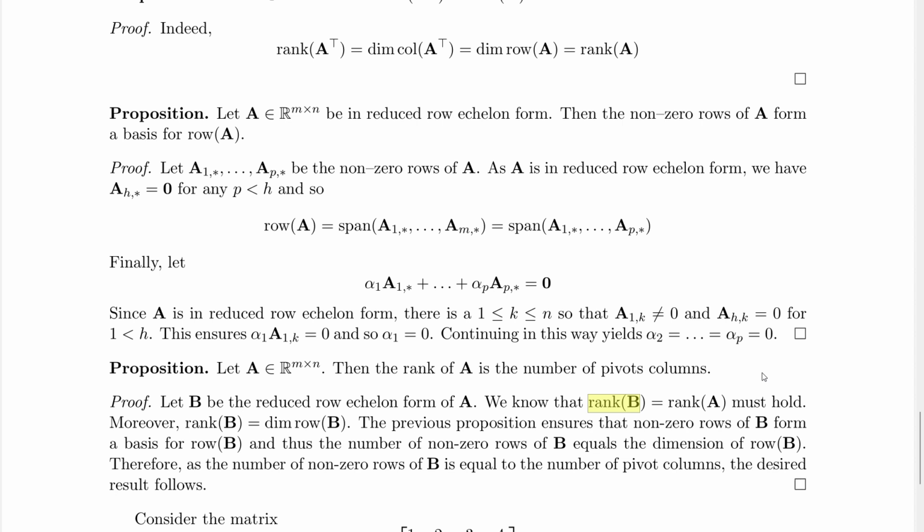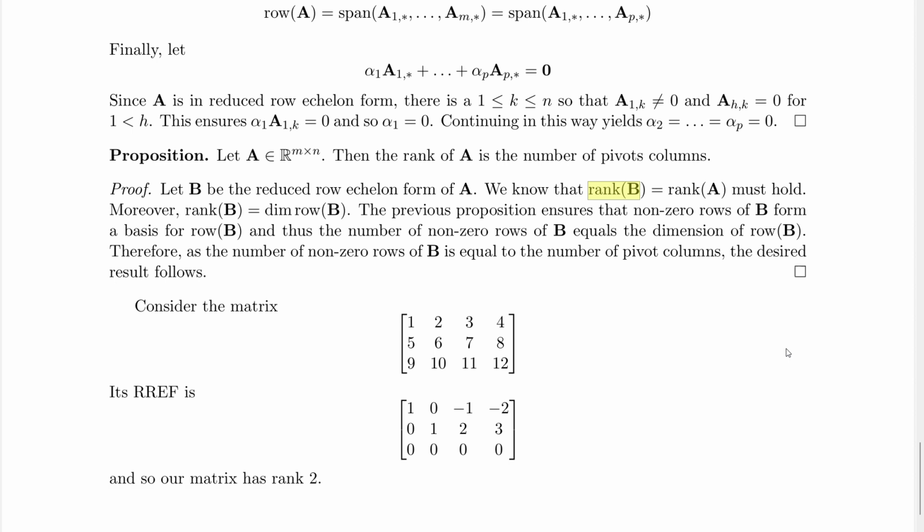Which means it's the rank of B, which is the rank of our original matrix. But as we know, the non-zero rows correspond precisely to the pivot columns. And there you go. Each non-zero row gives you a pivot column, so rank is equal to the number of pivot columns, as promised.